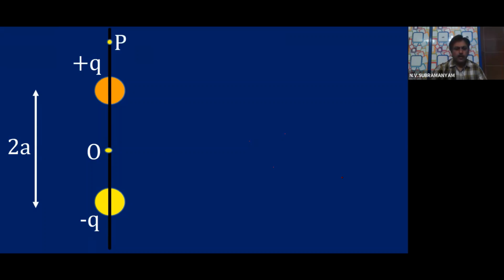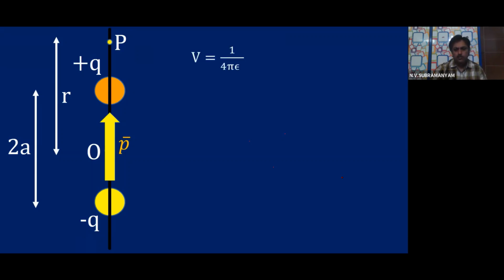If I take the point P on the axial line such that its distance is r from the center, then this yellow arrow is the dipole moment. Then what is the angle between P bar and r bar? Definitely 0, because both are lying in the same direction. Then here we have cos theta. What will happen to that?